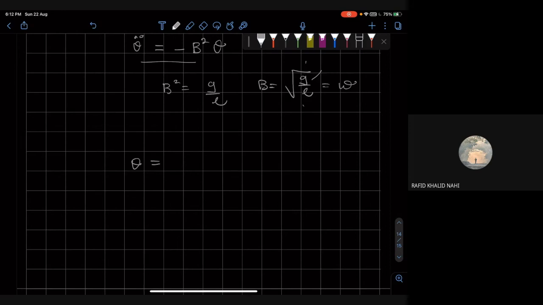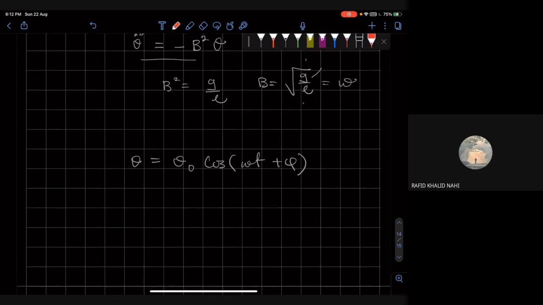I can rewrite a to be theta naught, and the solution then is theta naught cosine of omega t plus phi. We all know this.